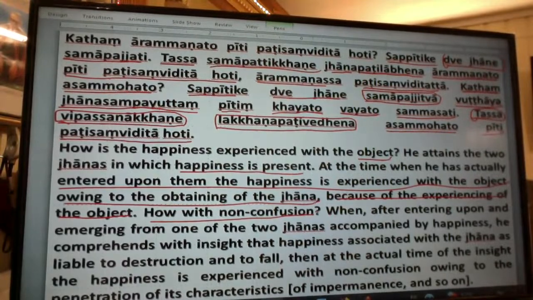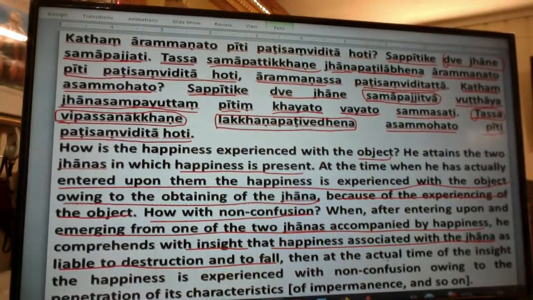After entering upon the jhana and emerging from one of these two jhana accompanied by happiness, he comprehends with insight wisdom that the happiness associated with the jhana is liable to destruction and to fall, to disappear.